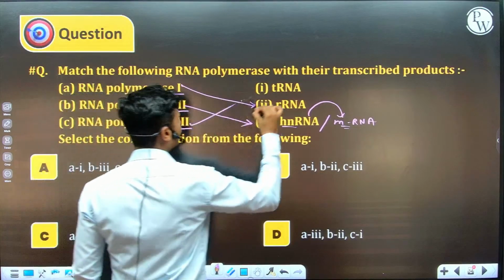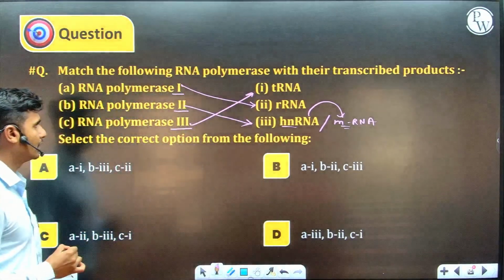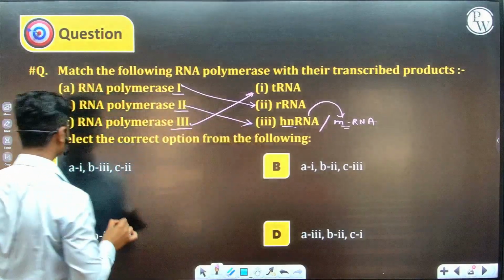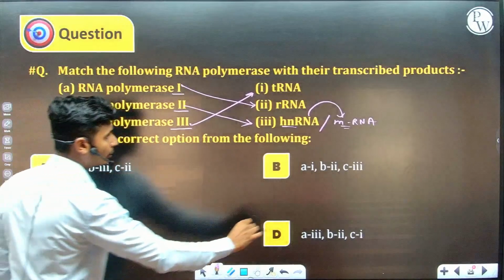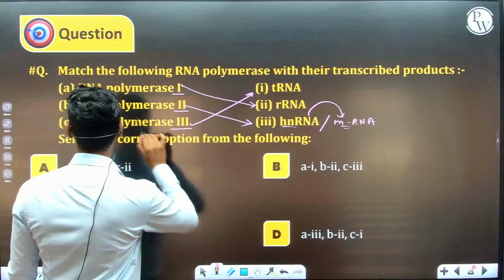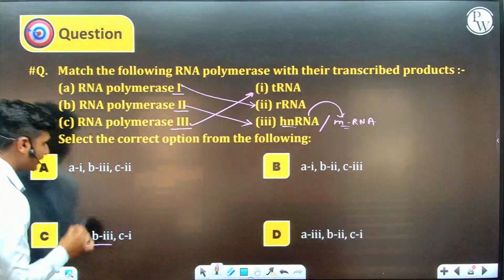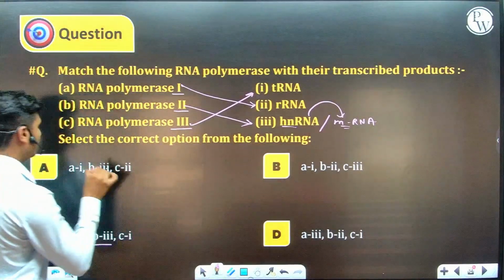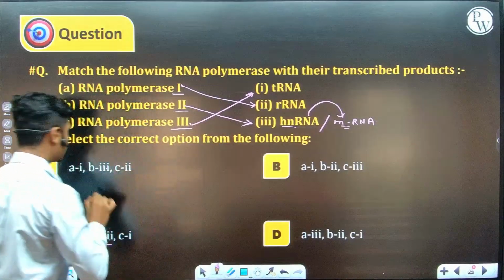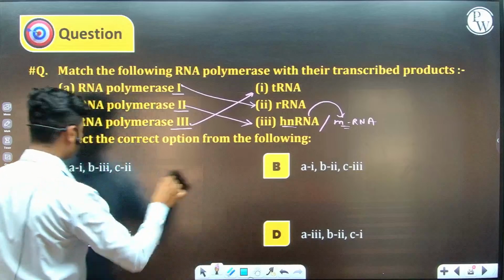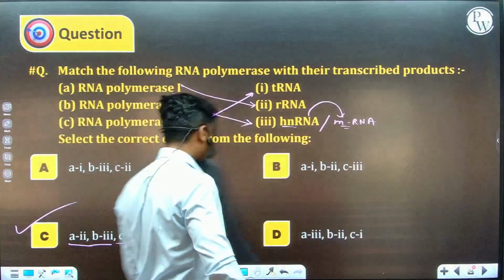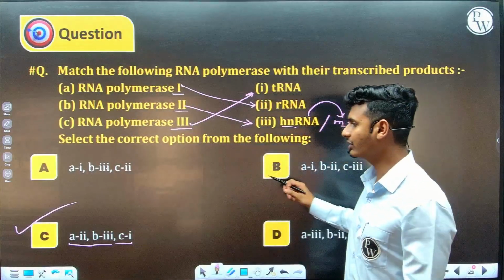RNA polymerase 3 is for tRNA. On this basis, only one option matches, so C is the correct answer of this question.